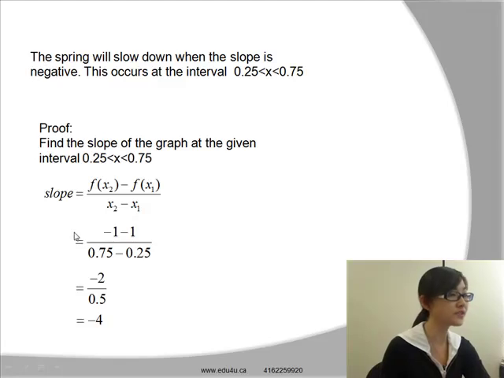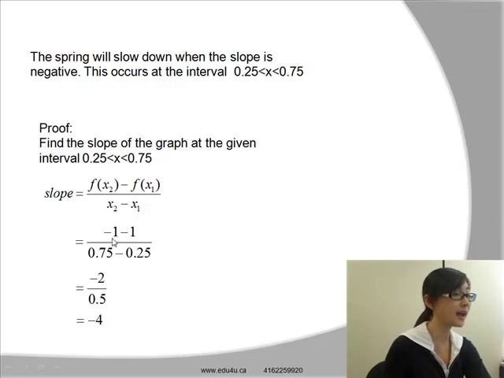We have to prove what we just said. In order to do that, we have to use the slope of the tangent equation. We have to find the slope of the tangent of the graph at the given interval, which we mentioned was between 0.25 and 0.75. The slope equals f of x2 minus f of x1 divided by x2 minus x1. x2 is 0.75 and x1 is 0.25.